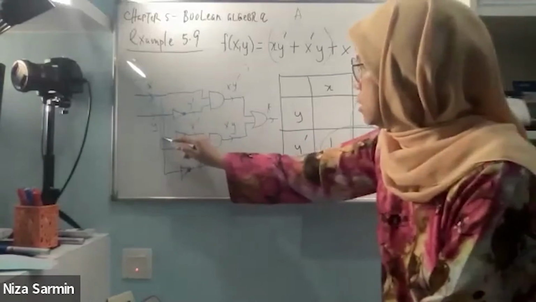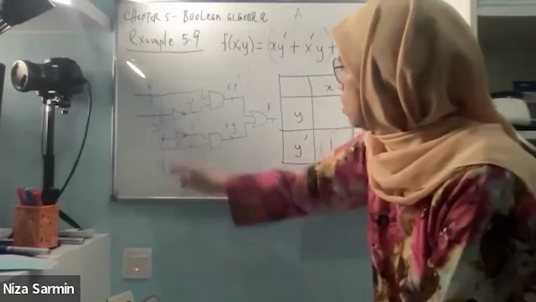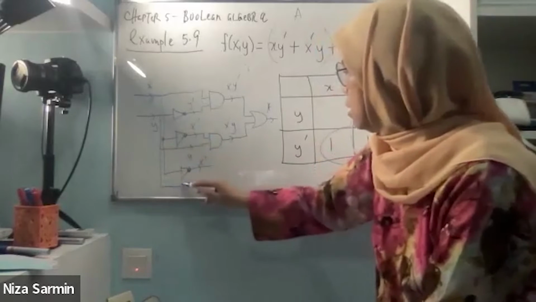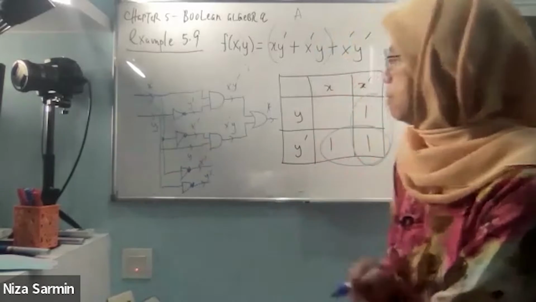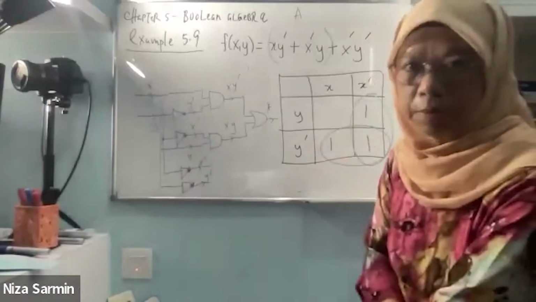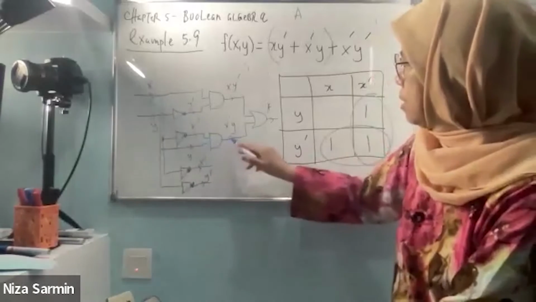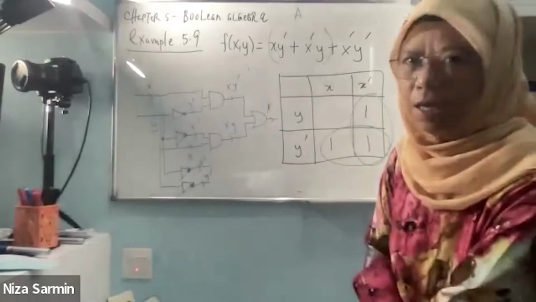Okay, this one is from X and then Y prime. So I will pull from Y and get another gate from Y. Okay, I pull from Y. Don't pull from Y prime. If you pull from Y prime here, then you will lose another gate.